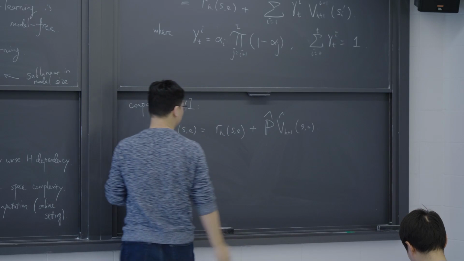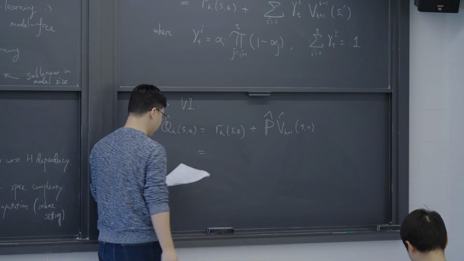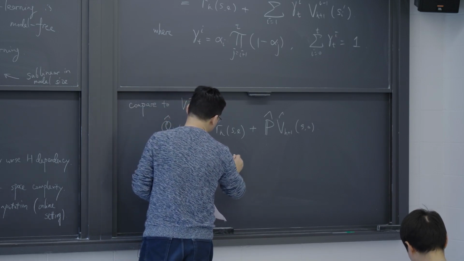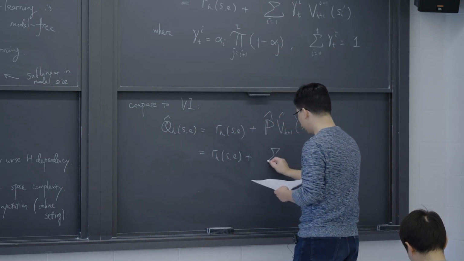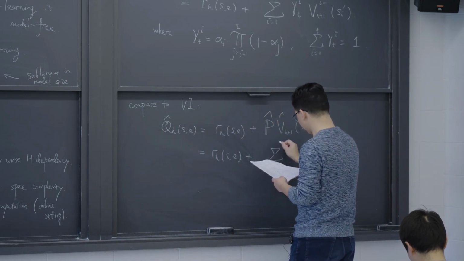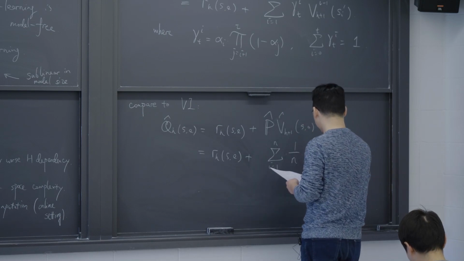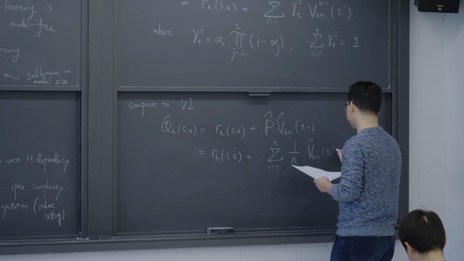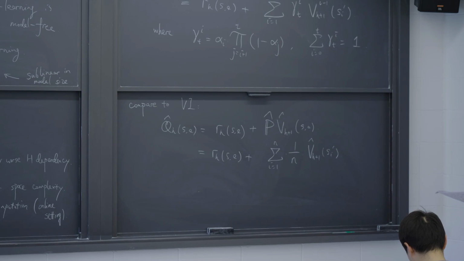And you can expand out the definition of P hat, which uses the empirical frequency to estimate the transition probability, which gives r_h(s,a) plus summation i from 1 to n of 1 over n times V h plus 1 hat at s_i prime. So this is the value iteration.